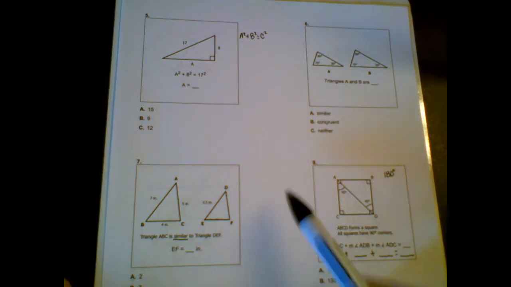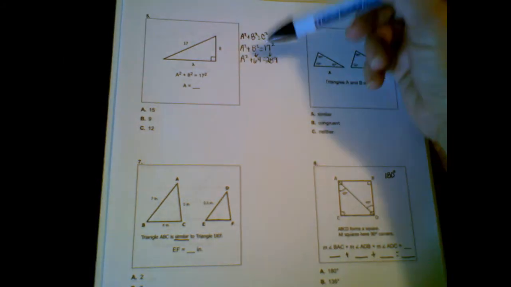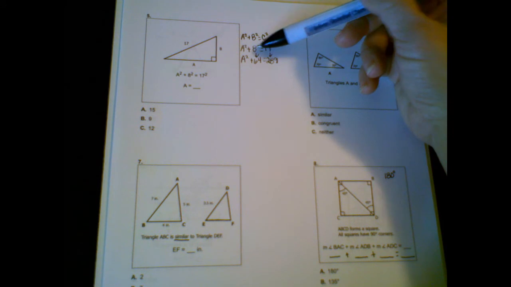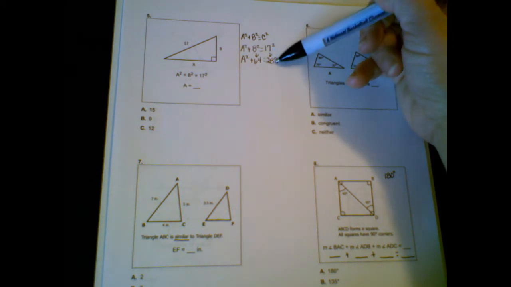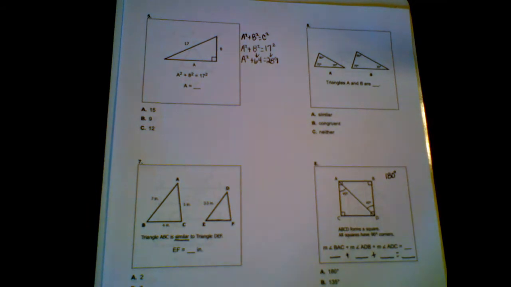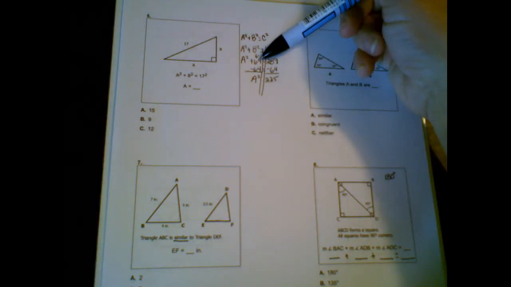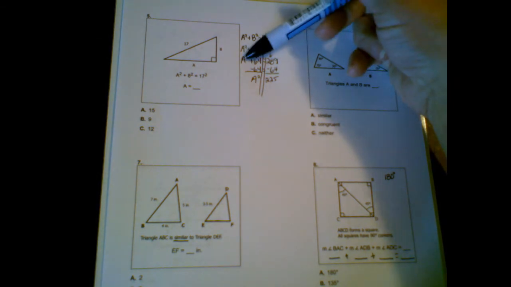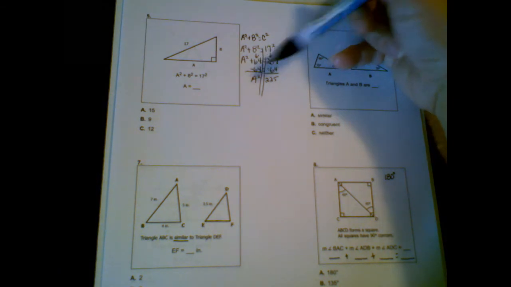So how would we go about solving this problem? We can start by simplifying what we have. We know that 8 squared, or 8 times 8, equals 64, and 17 squared is 289. So we're going to get rid of our 64 now so that we can get A by itself. Subtract 64 from both sides.